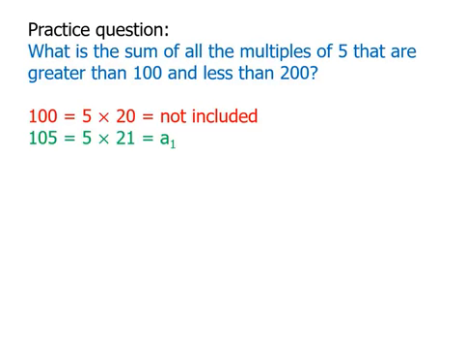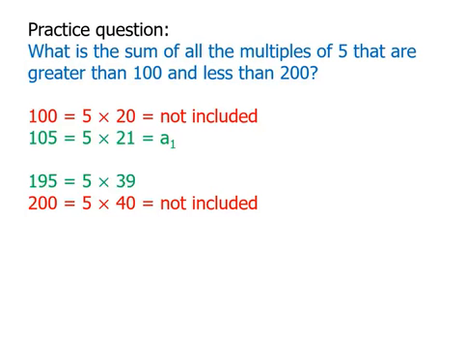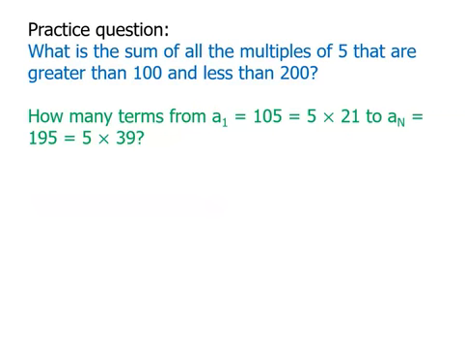Now go to the end of the list. 200 is 5 times 40. That's not included. But if we subtract 5, go down to 195, that should be 5 times 39. And that's a sub n. So we have a sub 1 and a sub n. Now we just need to know the number of terms.